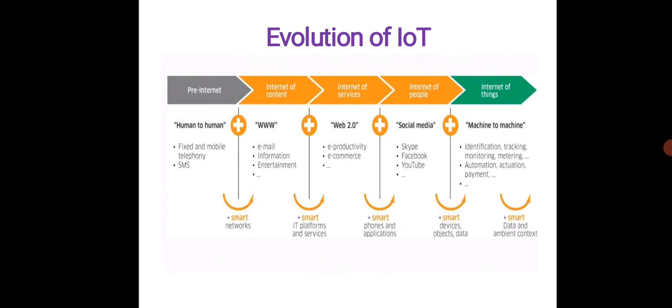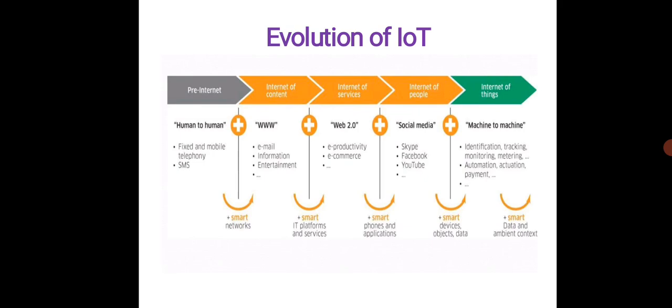And the fourth evolution is internet of people, something like social media, such as Skype, Facebook, YouTube. Everywhere it keeps adding something like a smart network, smart IT platforms and services.